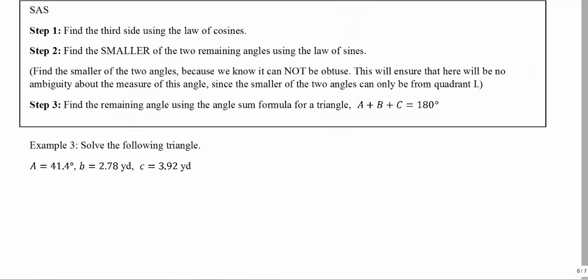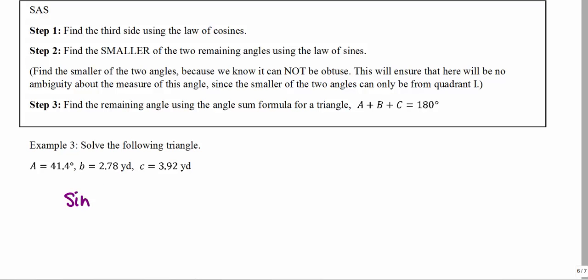In the last two examples, we will look at solving a triangle if we are given a side, an angle in between, and then another side. First, I want to demonstrate that the law of sines is not sufficient. So if we were going to solve using law of sines, let's form our fractions.